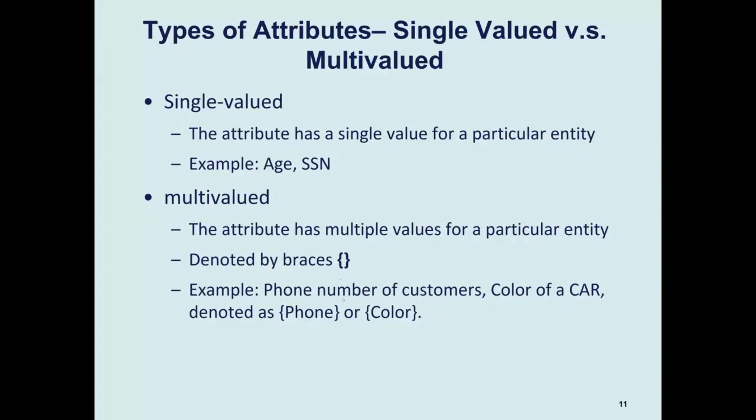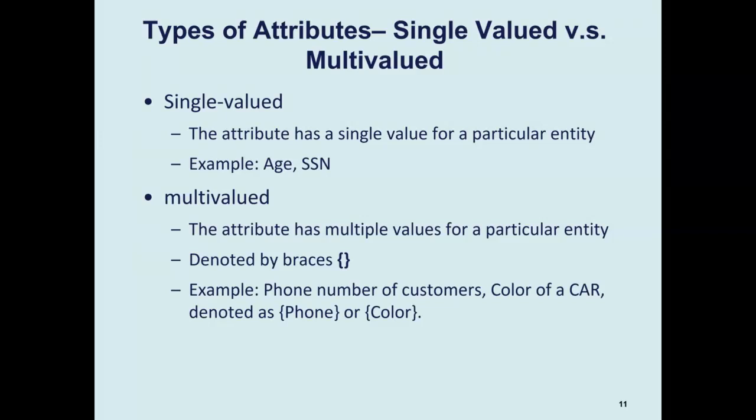If you only use one phone number field, then that field may contain multiple values. Why? Because a customer may have a cell phone number, a land line or home phone number, a business phone number, or some people may have multiple phone numbers. So if you only have a single phone number attribute, then that attribute may potentially have multiple values.